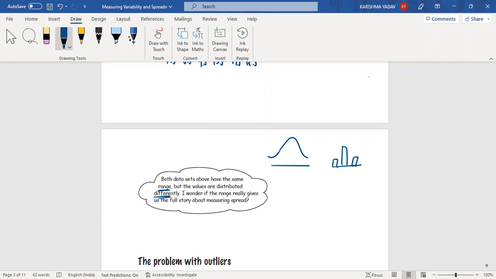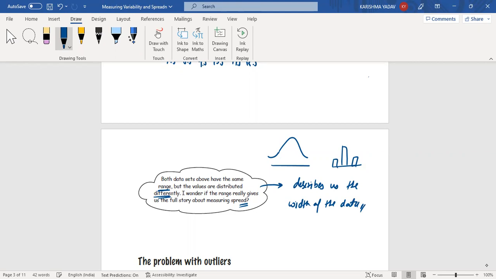Now I wonder if the range really gives us the full story about measuring spread. The question is: does the range really give us the full story about measuring spread? The range describes the width of the data.